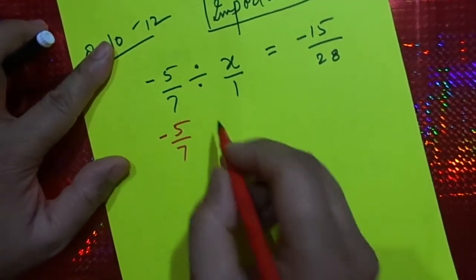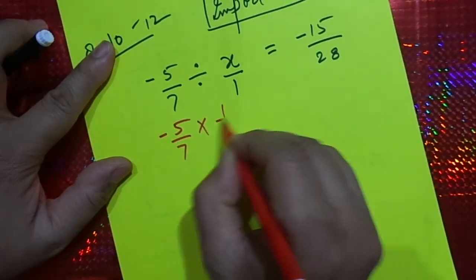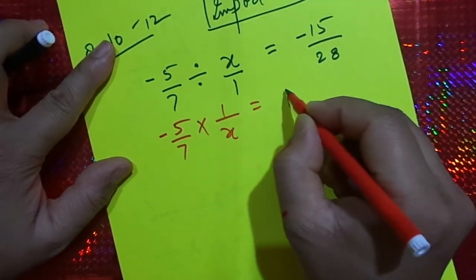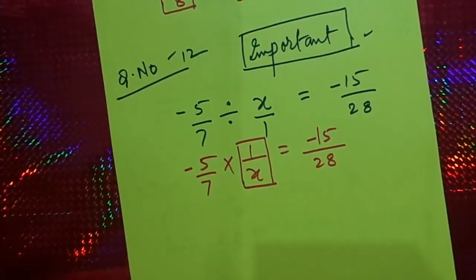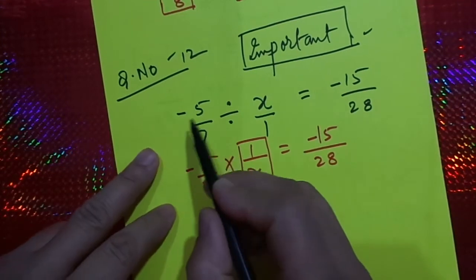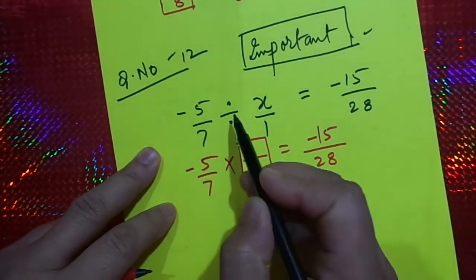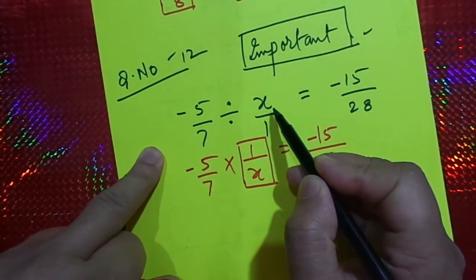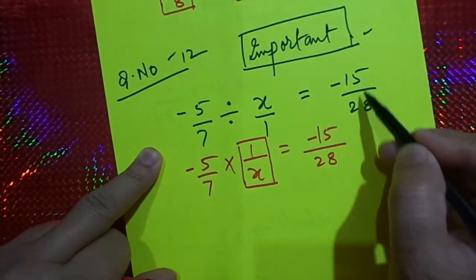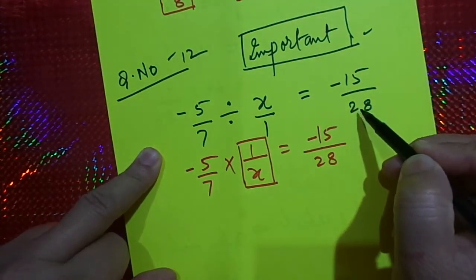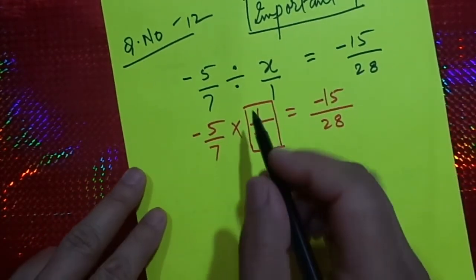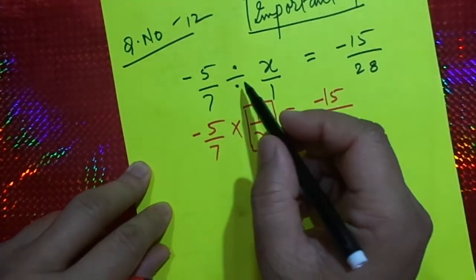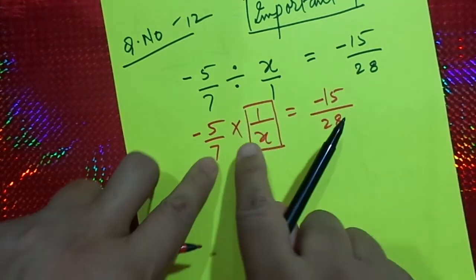Minus 5 by 7 multiplied by 1 by x is equal to minus 15 by 28. So let me repeat it once again. By what number minus 5 by 7 should be divided to get minus 15 by 28? As I said, please convert it into its multiplication form.